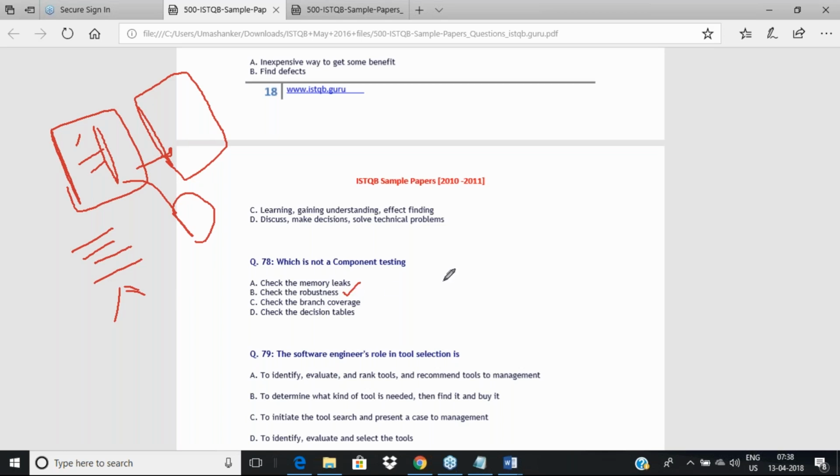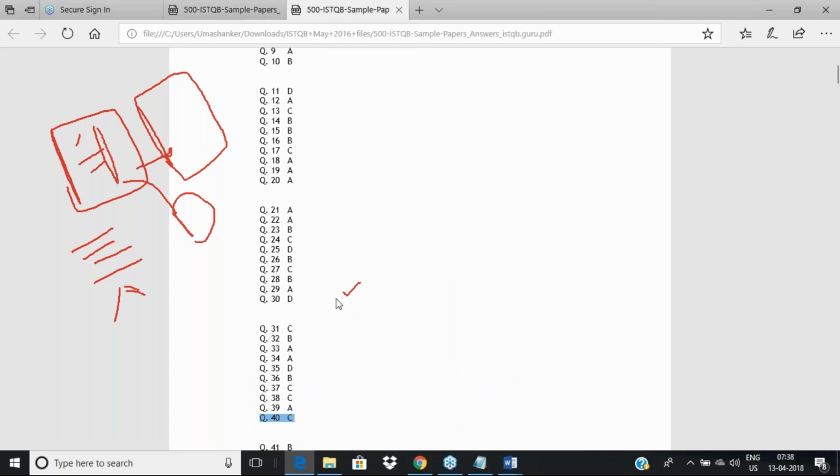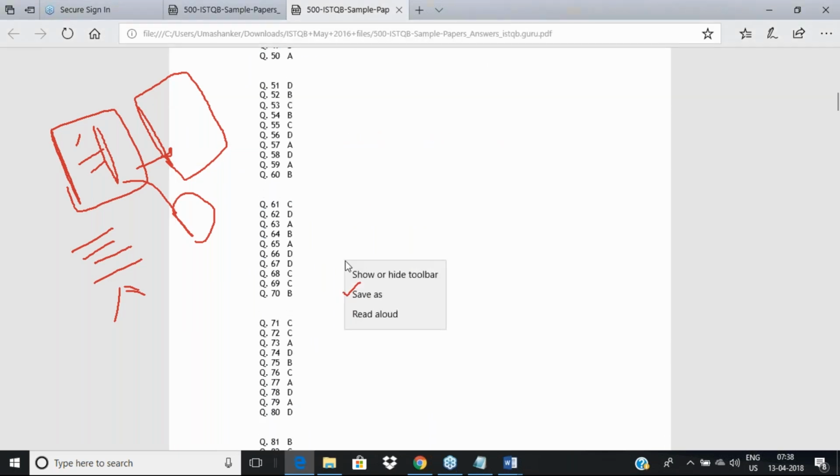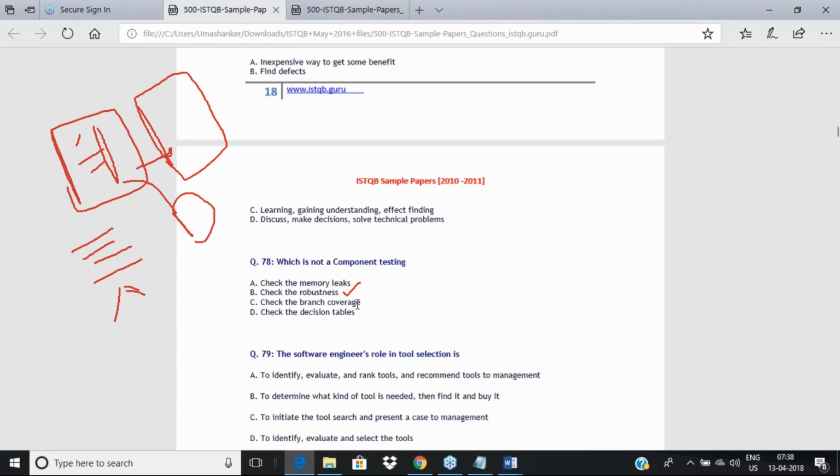So let's look at question 78. I'm thinking mostly B. 78D: what is check the decision tables? Decision tables at unit level.